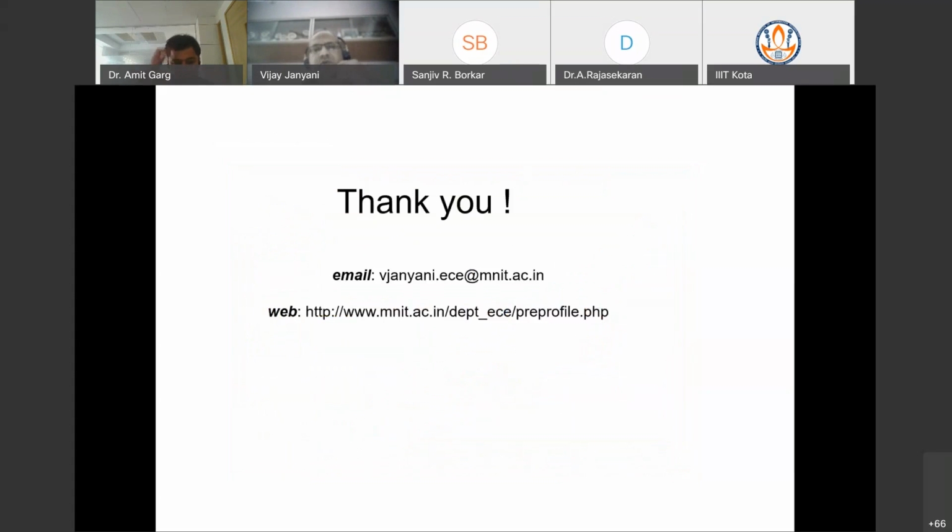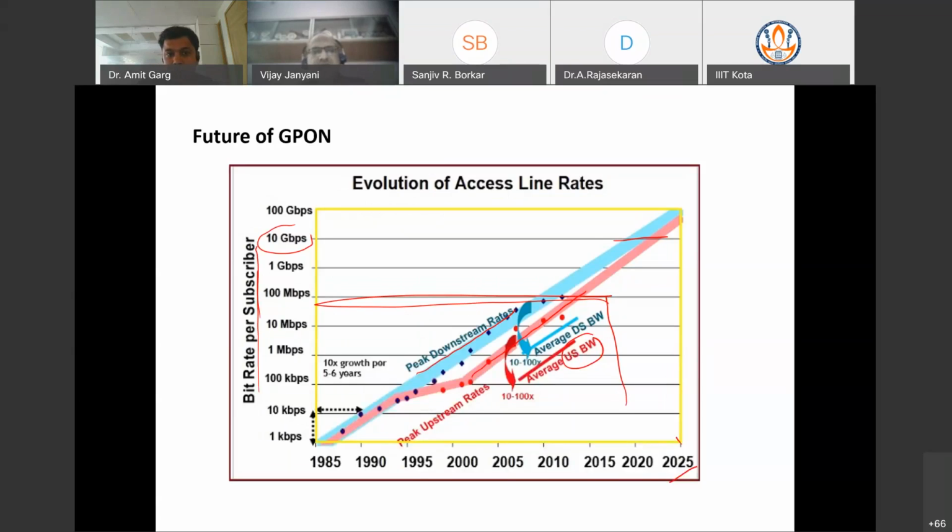So that's all about GPON, and I know that there are some more lectures scheduled on this later in the course. How to do the switching, how to increase the energy efficiency, and the various other issues will be dealt with in detail by other experts in this short-term course. I just wanted to give you an overview of GPON, what is GPON, and APON, BPON.